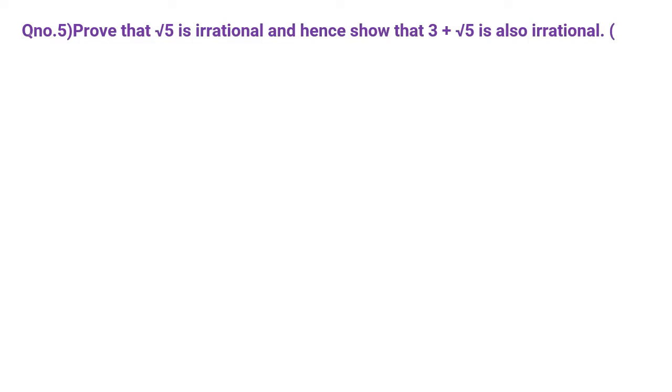Question number 5. Prove that square root of 5 is irrational and hence show that 3 plus square root of 5 is also irrational. Solution. Let us assume to the contrary that square root of 5 is rational.